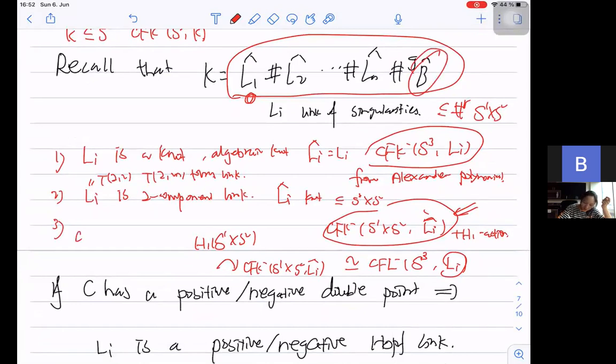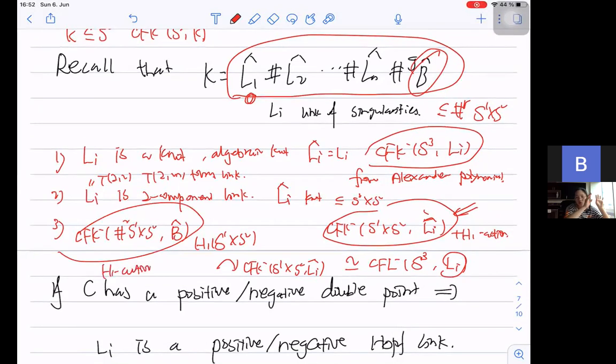We also need to understand the CFK minus of the connected sum of two copies of S^1 × S^2 and the Borromean knot. This has been computed by Ozsváth and Szabó before. It is a very well-known result; you know its H_1 action, and you know which one is the kernel and which one is the cokernel, so we have a very good understanding of this one.